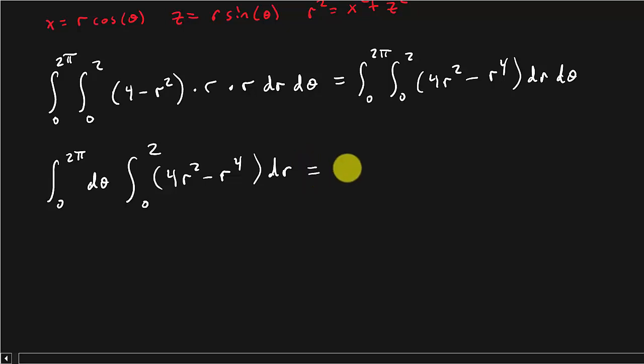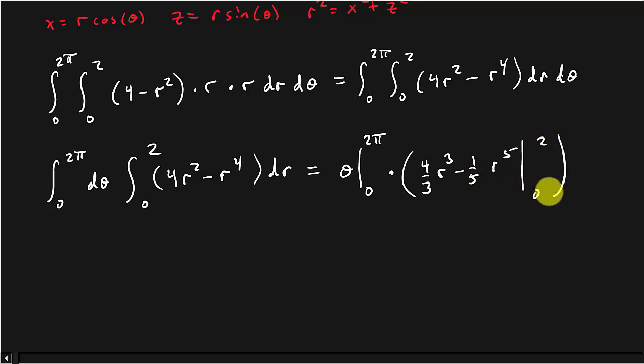All right, so this is going to be theta from 0 to 2 pi, and then this is going to be times 4/3 r cubed minus 1/5 r to the 5th, from 0 to 2.